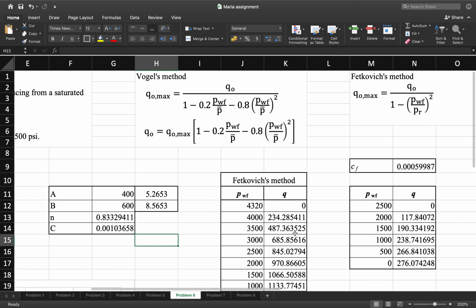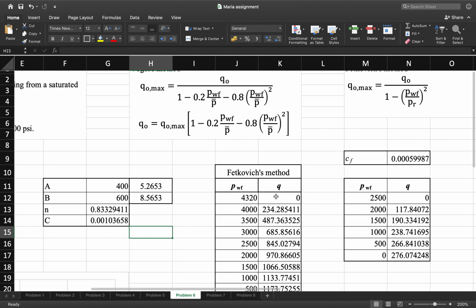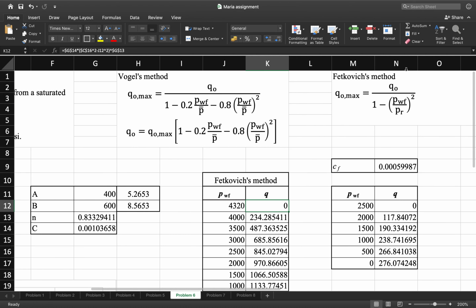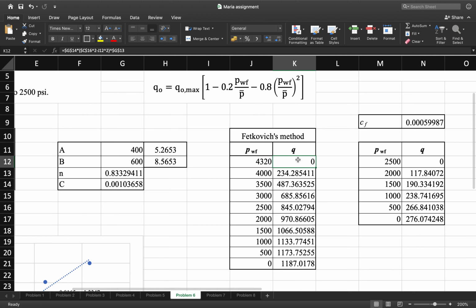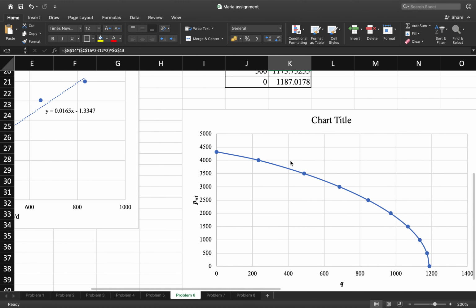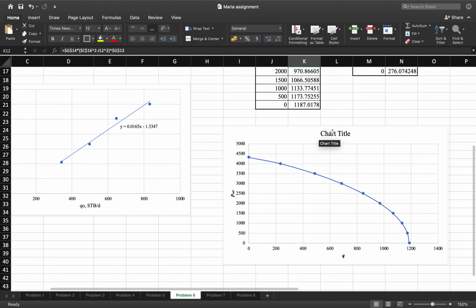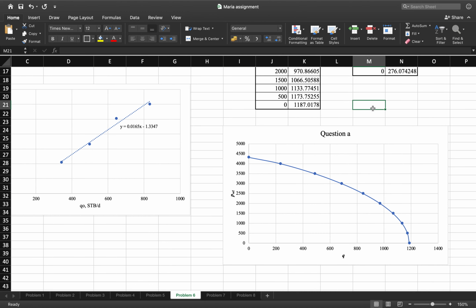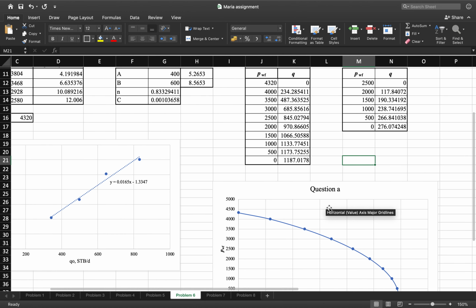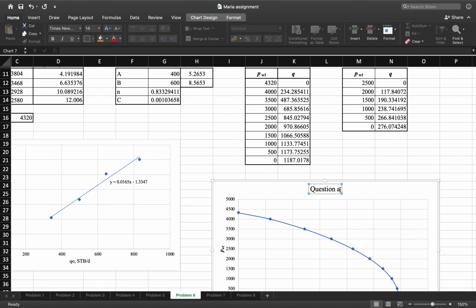So you already have the formula of the Fetkovich method here. S will equal this one, and you will have the survey here. After that, you will have a plot here, the plot of question A. The plot shows the bottom hole pressure decreasing, but here you can see the IPR more easily, with the flow rate in green.